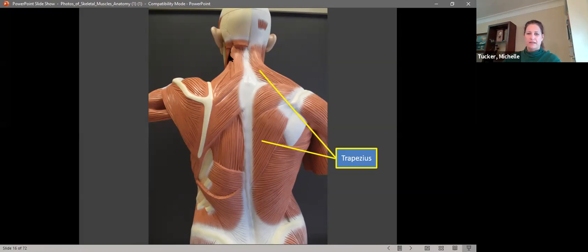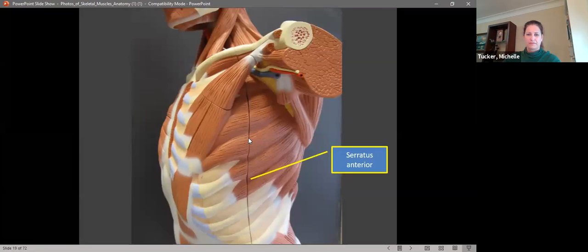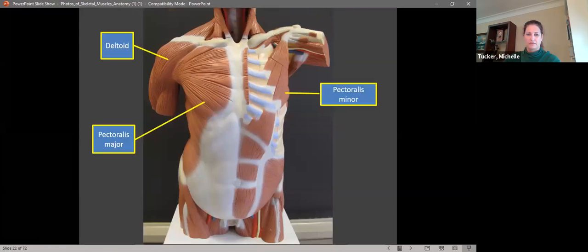So on the deep side of your model, we cut away trapezius to expose splenius capitis here. And then trapezius has also been cut away to expose erector spinae, spinalis and longissimus here as the erector spinae group. I think it's shown elsewhere.